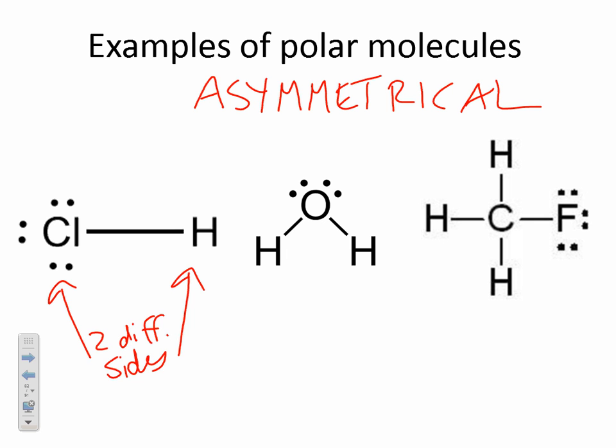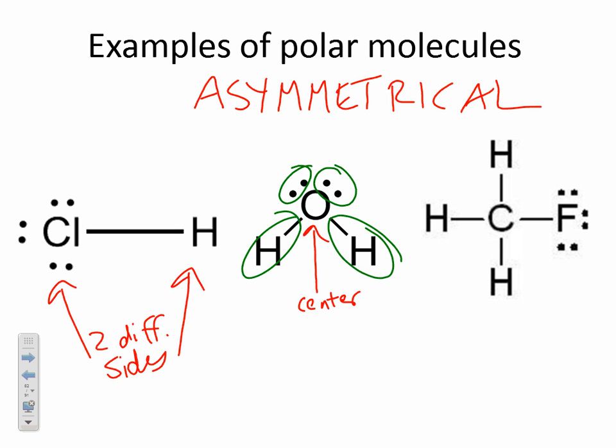Again, look at the central atom, which is our oxygen. So look at the center, and then look at everything that's attached to that oxygen. Yes, we have 2 bonds with hydrogen, and that's the same. However, we also have 2 lone pairs. Because these 2 things are different, that is enough to cause the asymmetry.